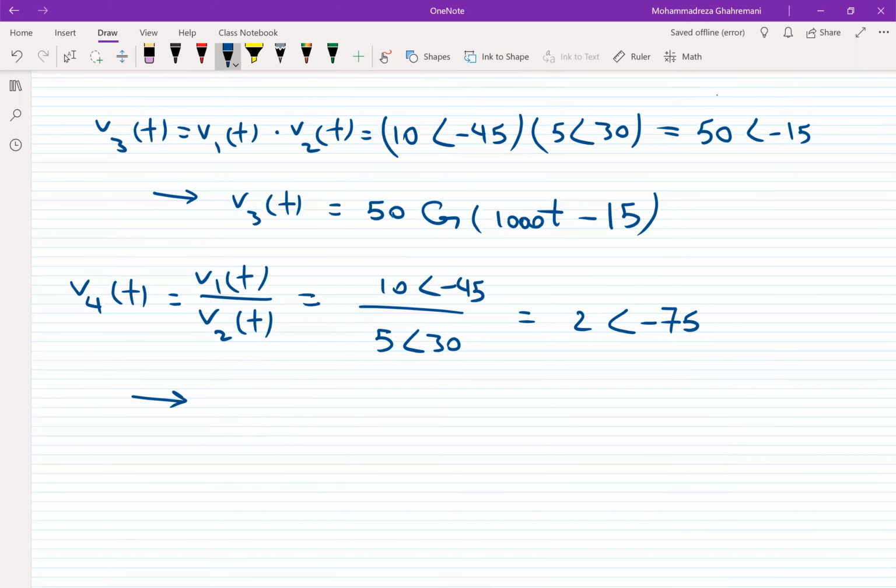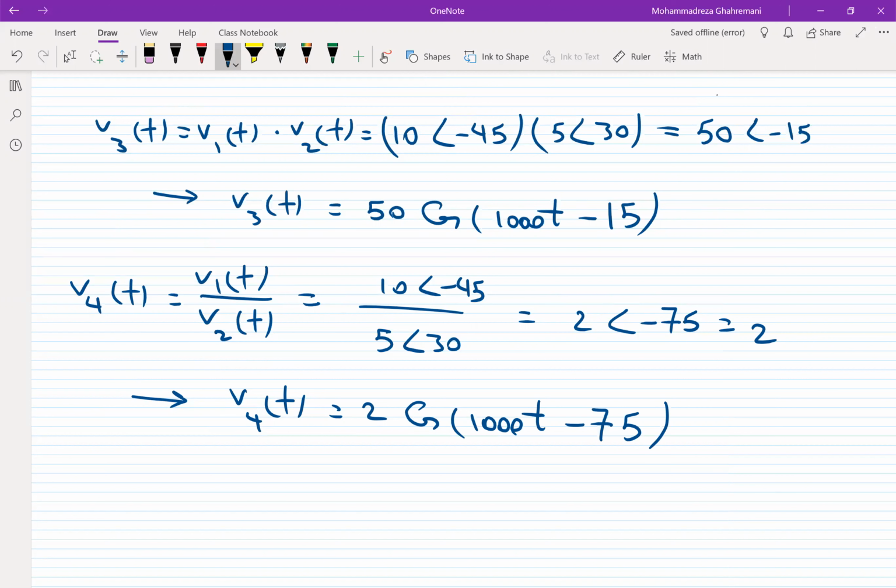So we can say V4 of t is equal to 2 cosine of 1000 t minus 75 degrees. Also, 2 with the angle of negative 75 can be written in the form of 2 e to the power of negative j 75.